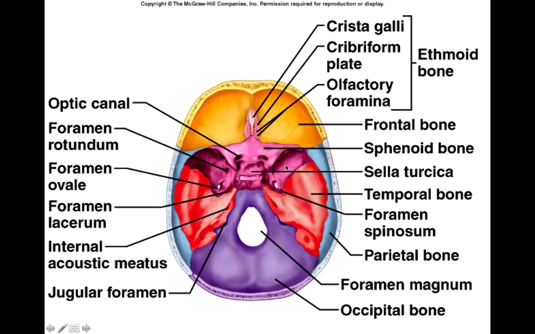This is a superior view, if we had cut off the top of the skull. So remove the parietal bones and most of the frontal bone. And from this, we can see the foramen magnum from the inside. There's the occipital bone, jugular foramen here.